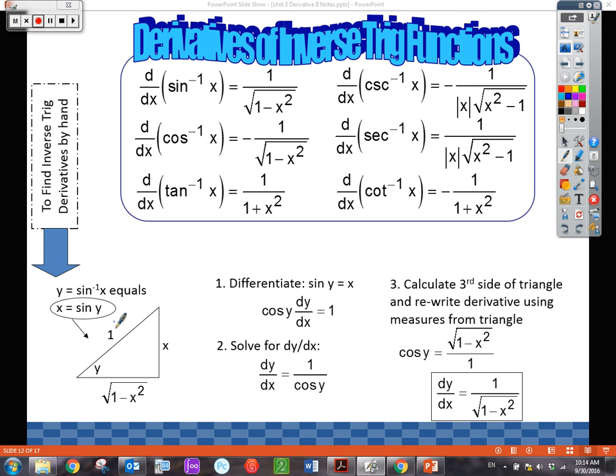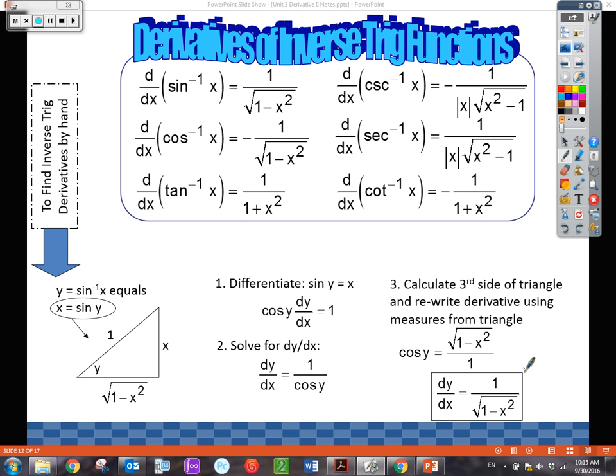We have y equals arc sine, and we switch the x and the y to get sine, and then go through this whole process doing implicit differentiation and using the triangle to rewrite it, and we get the derivative. Maybe you might have some time to play with it tonight, Friday night, maybe. It's kind of fun.